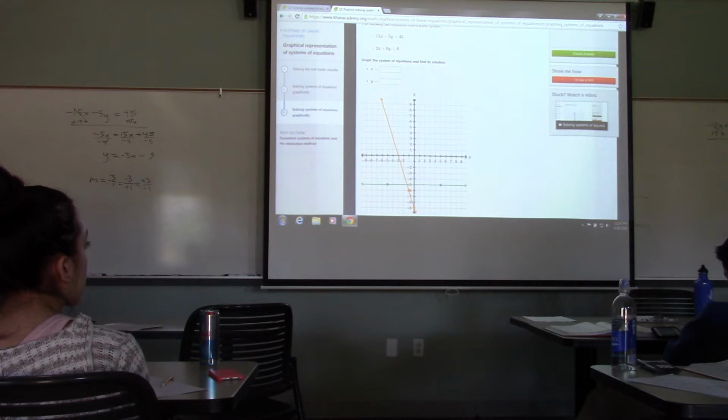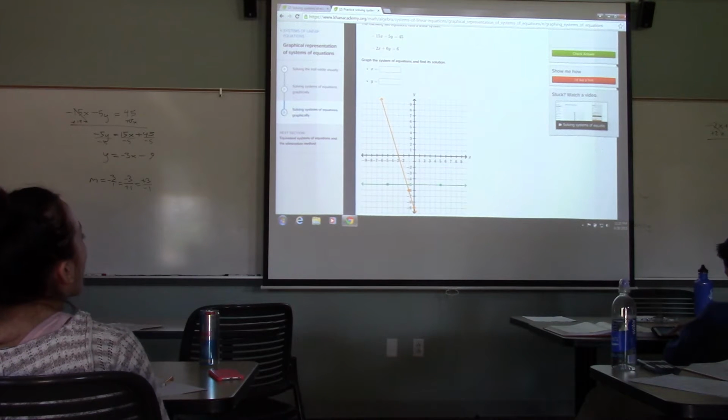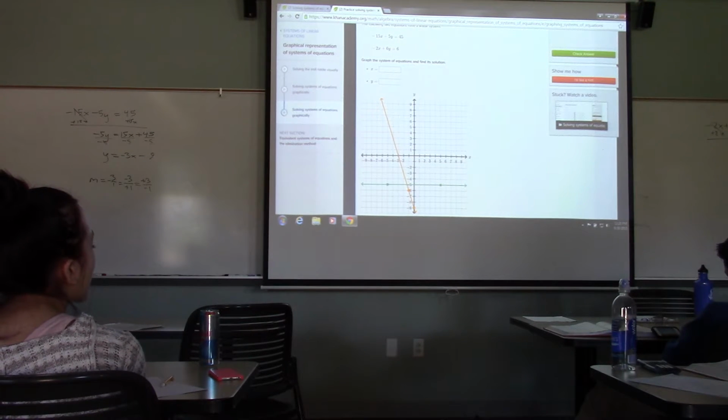Then divide by 6, so we want to get y by itself. So that's y equals 2/6, which is the same as 1/3, x plus 1.